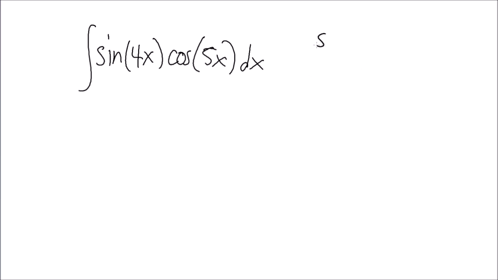The sum of sine, it's this pattern here, because the trig identity for this was sine, cosine, cosine, sine. So I'll put plus here: sine, cosine, cosine, sine. Put a minus here.